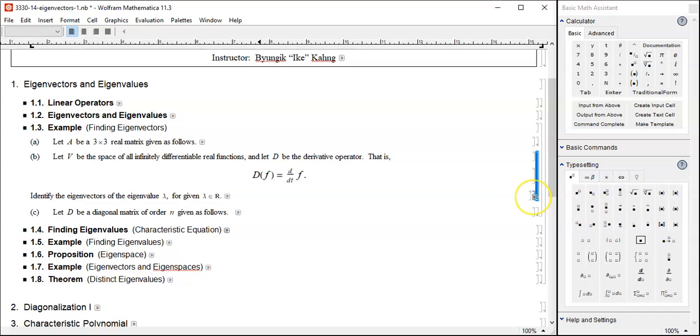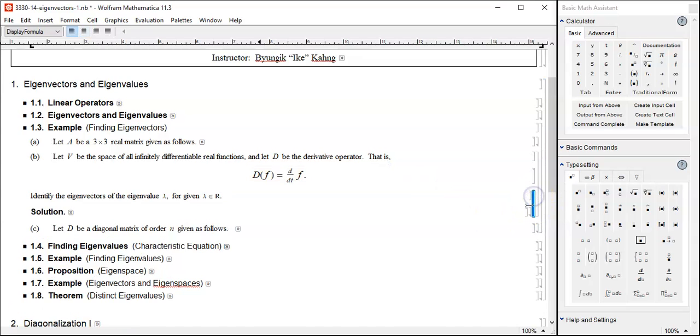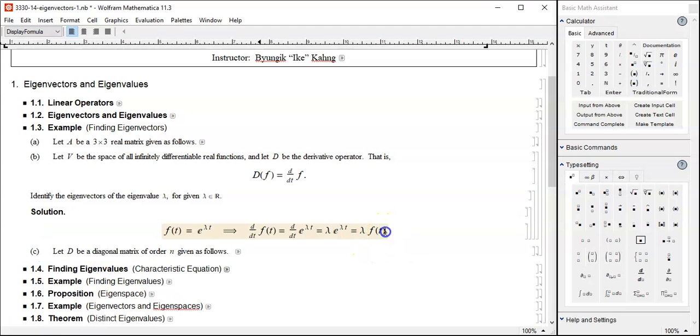Abstract, therefore easier. Okay, let's consider the derivative operator in the space of all differentiable functions. And then, what is the eigenvalue lambda? If you know the answer, it's really simple. It turns out this function, f of t, is e to the lambda t. If you take the derivative, exponentials stay the same.